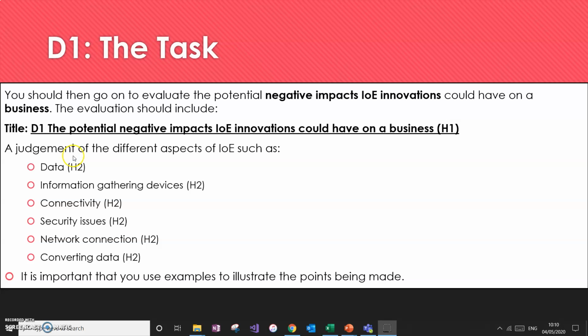Underneath that, you've got 6 key headings, which are the areas you're going to need to cover, so you could also put these in your heading 2 style. So you've got data, information gathering devices, connectivity, security issues, network connections, and converting data. They're the subheadings that we need.